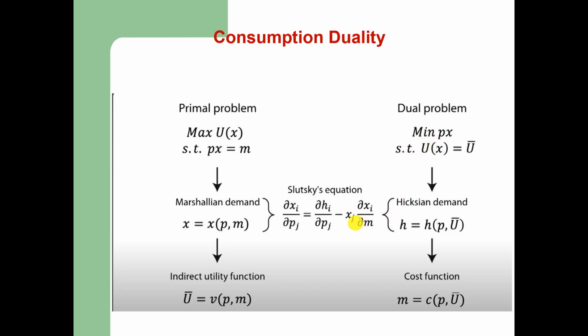Similarly, just like the primal problem, if we substitute these optimal values into the expenditure of the consumer, then we get the cost function. It specifies cost as a function of prices of goods and utility.